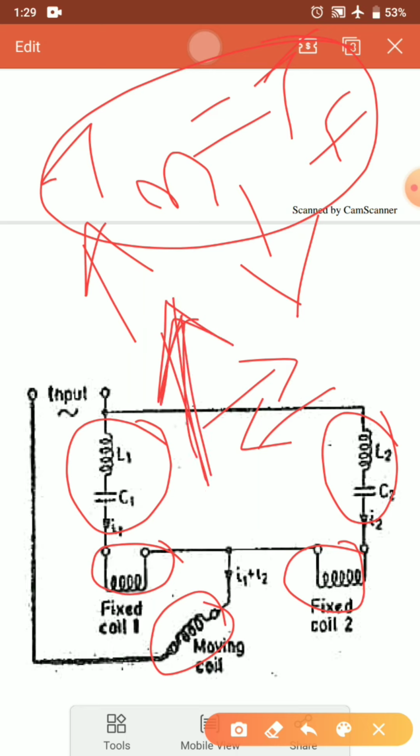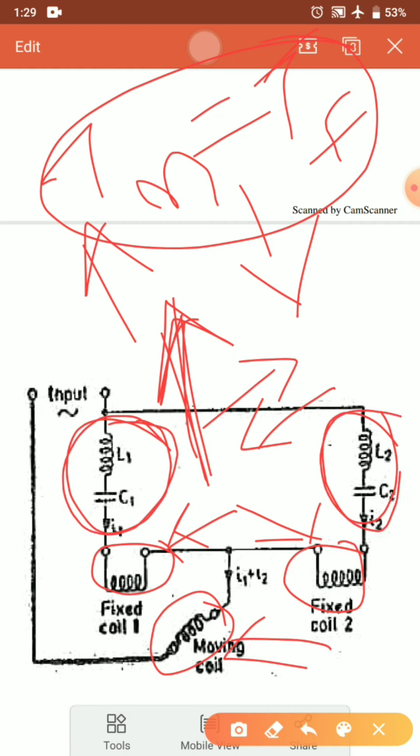So it is clearly understood that the torque produced by the fixed coil and the torque produced by the movable coil both act in opposition. Here we can see that the resultant torque is a function of the frequency of the applied voltage. Depending on the lagging or leading components produced, whatever resultant I get will be a function of the frequency of the applied voltage.